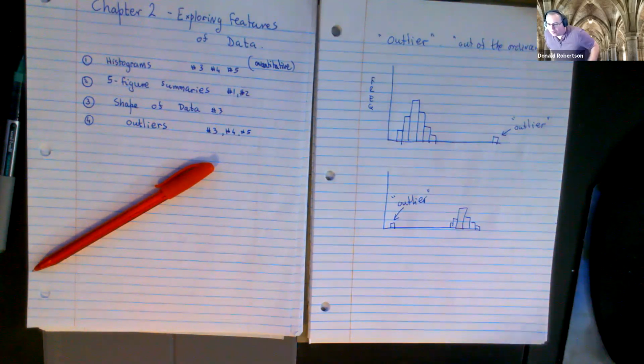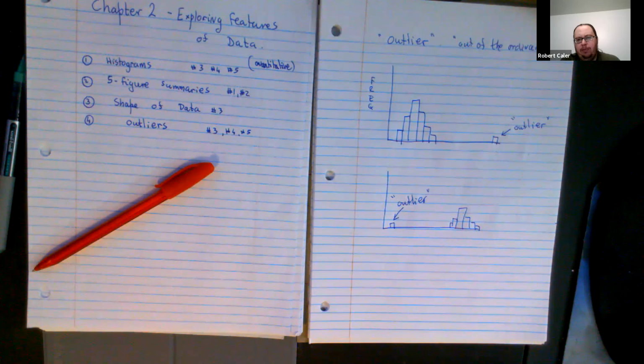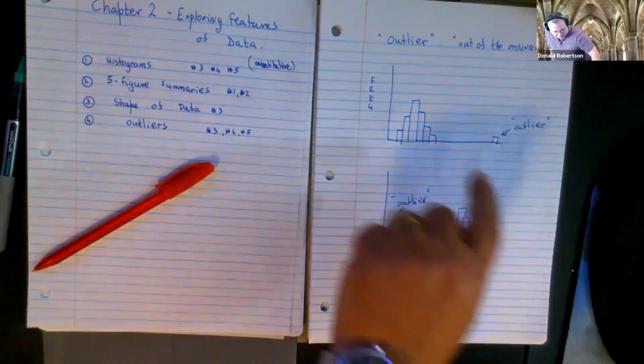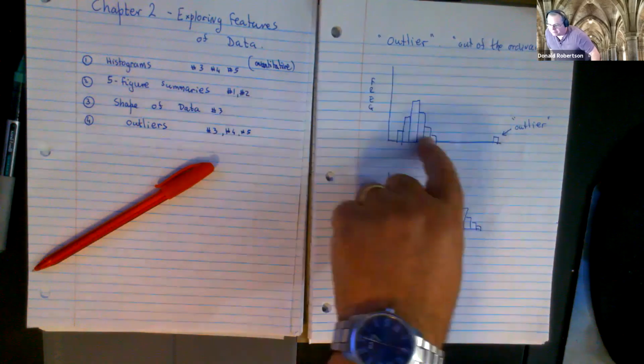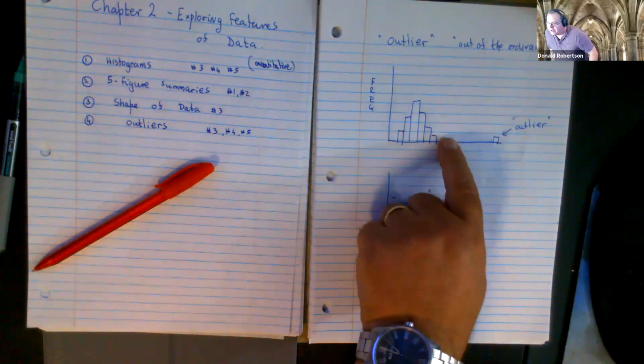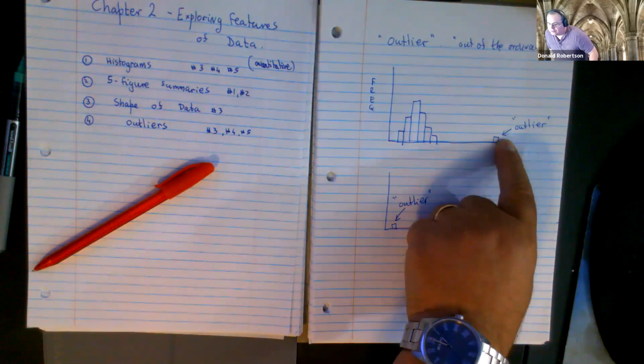When you look at these, what visually is the clue that you're talking about an outlier? Their separation from the norm. If you think of this as being the data, the normal data where everybody lives, and there's a good separation, and then you see a little guy stuck on his own.